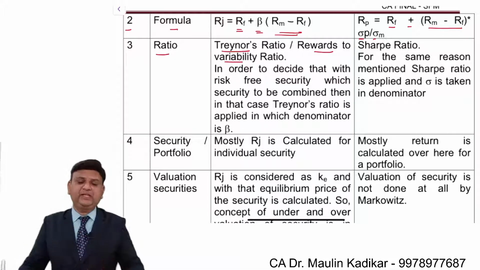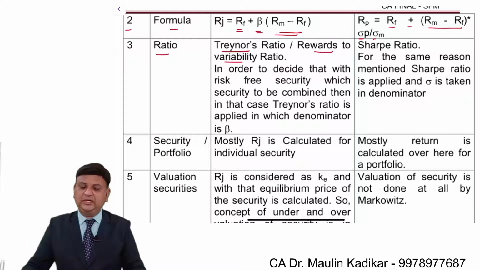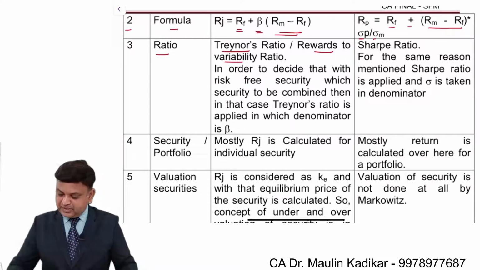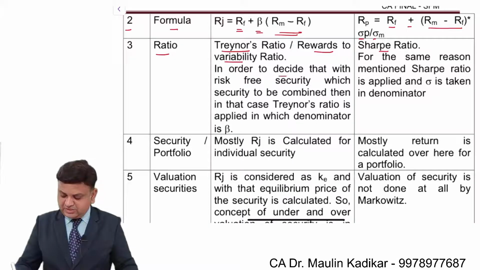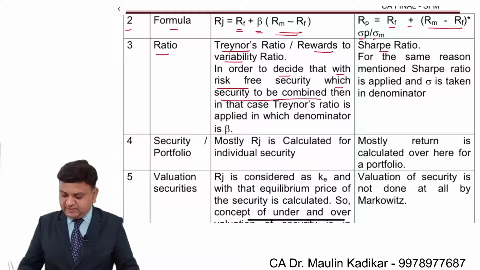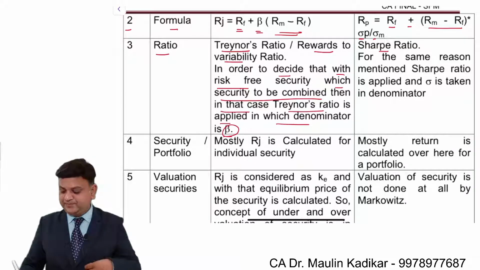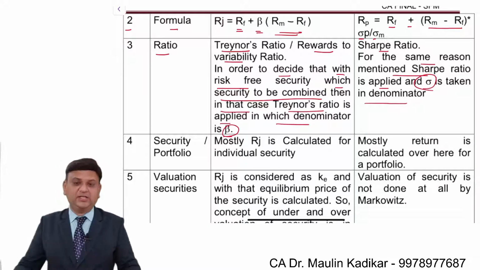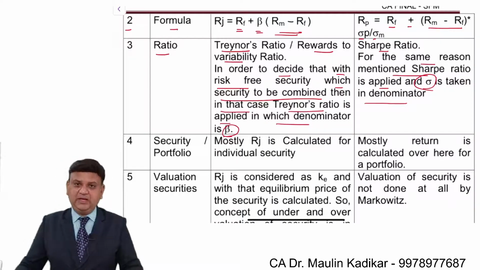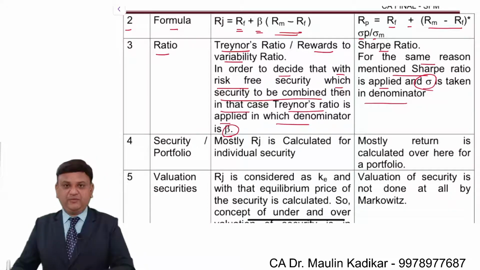On the opposite side, in the Markowitz model we use the Sharpe ratio, the return-risk trade-off, the slope. In Treynor's ratio, the denominator is beta. For the same reason mentioned, in the Sharpe ratio standard deviation is taken in the denominator instead of beta, because risk is measured in the form of total risk.